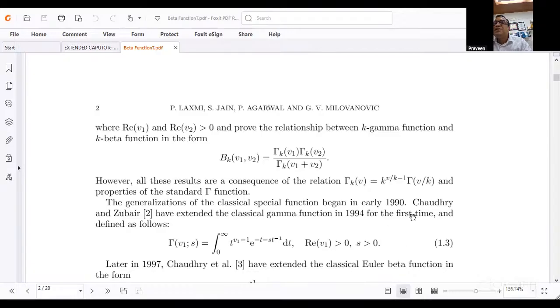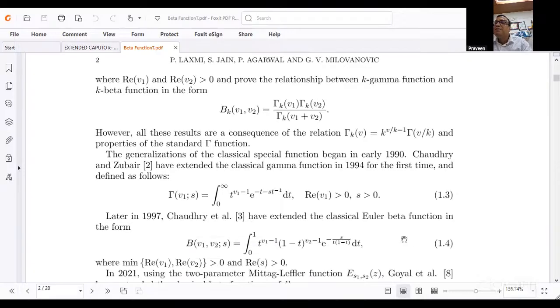The generalizations of the classical special functions began in the early 1990s. A research group, Chaudhry and Zubair from Pakistan, extended the classical gamma function in 1994 for the first time, which is given by equation 1.3, gamma of nu, s equals the integral from 0 to infinity of t raised to power nu minus 1 e raised to power minus t minus s t raised to power minus 1 dt, and the convergence conditions are given in equation 1.3.